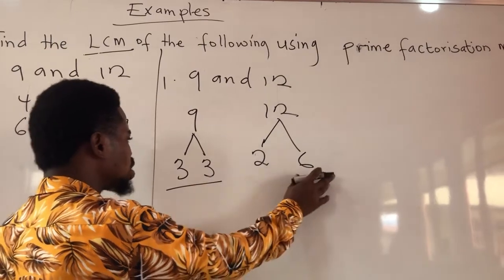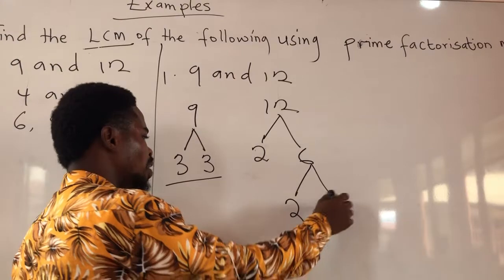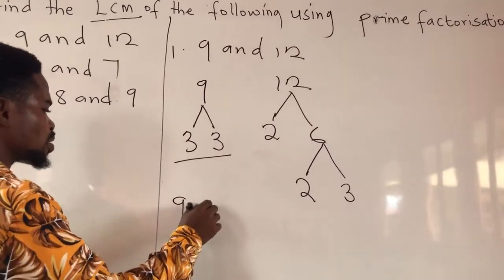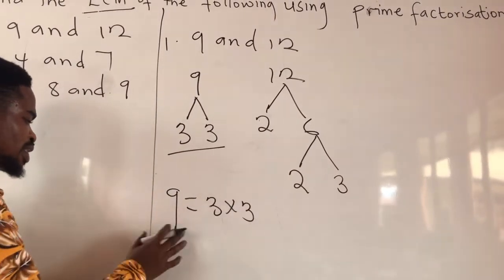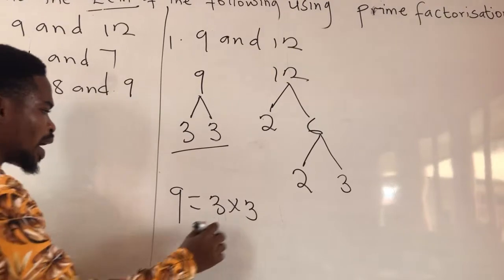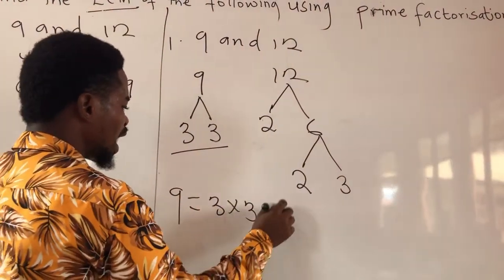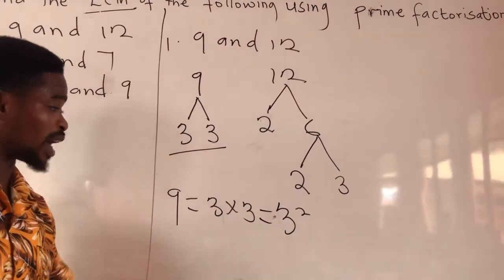Alright, let's move on. Then we break this one down, which is 2 times 3 will give us 6. And 9 equals 3 times 3. Under prime factorization, it can be written as 3 raised to the power 2, which means 3 occurs how many times?